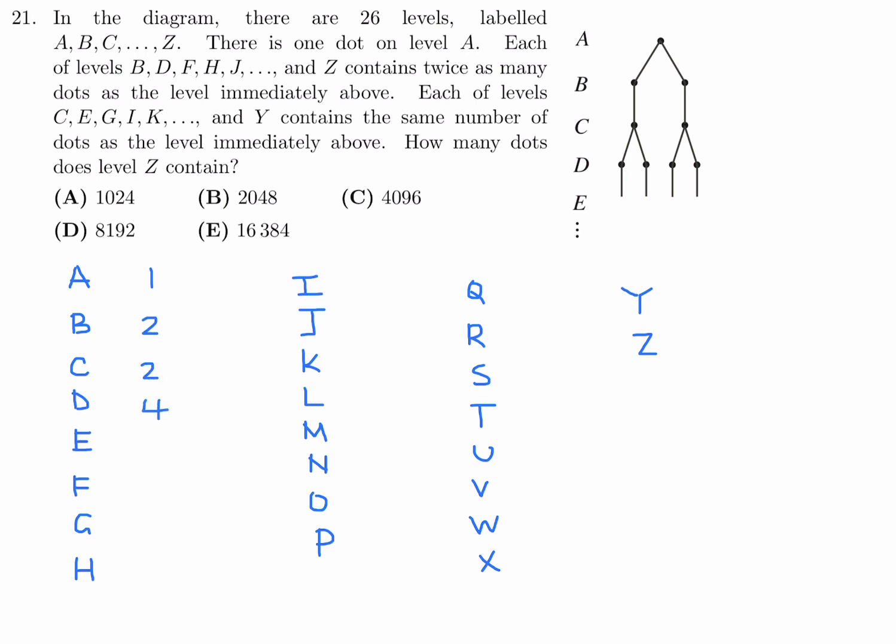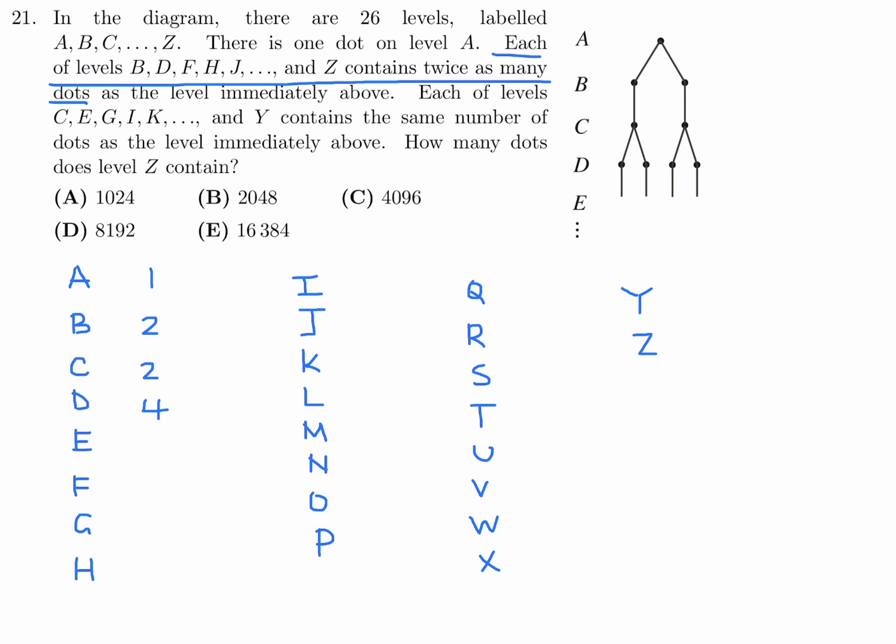But they give us quite a bit of information in the question that each of the levels that are B, D, F, H, J, all the way to Z contain twice as many dots as the level immediately above. Okay? So the first few have already been given, so we just have to figure out the rest.